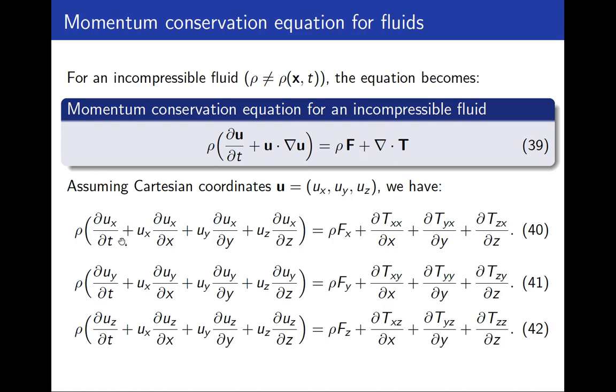And then now let's assume Cartesian coordinates. That means that the velocity will have components in x, y, and z direction. So this equation represents a system of three partial differential equations.